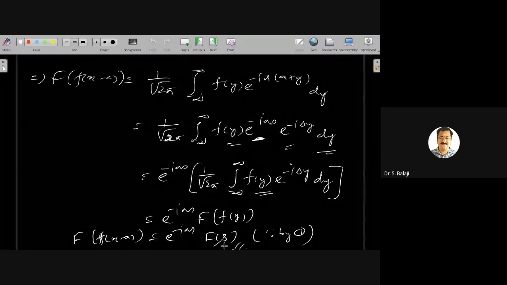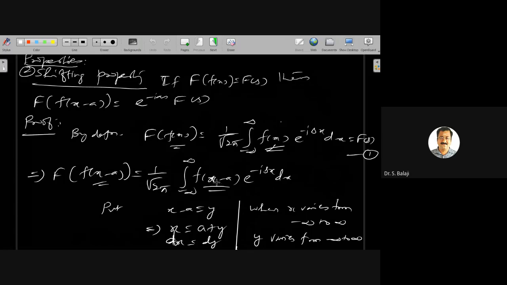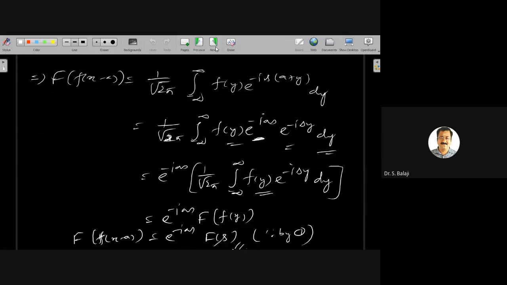Therefore the Fourier transform of f of x minus a equals e power minus ias into F of s, by the definition. It is just a substitution: put x minus a equal to y in this relation, and the remaining things you can easily identify.